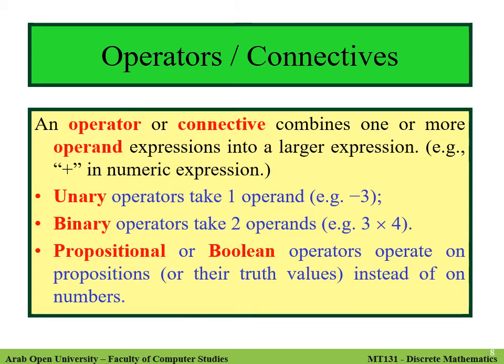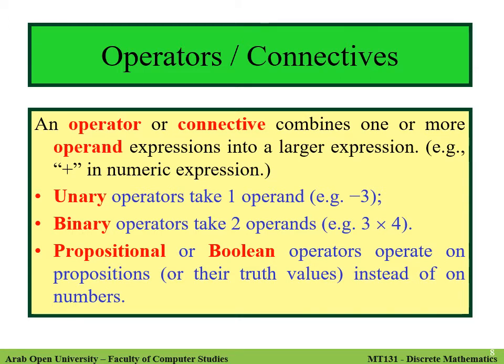This is similar to what we do in arithmetic. In arithmetic we deal with numbers, but we have operations such as addition, and you take two numbers and add them, you get another number. For a logical statement, you use operators to take simple statements and form a more complicated expression or a compound statement. There are basically two types of operators. There are unary operators, which means they operate on one statement, on one thing only.